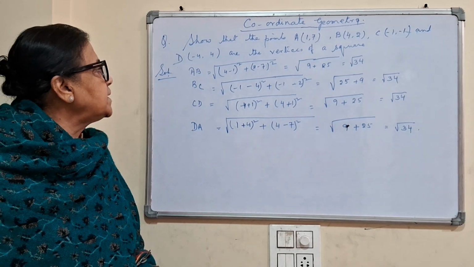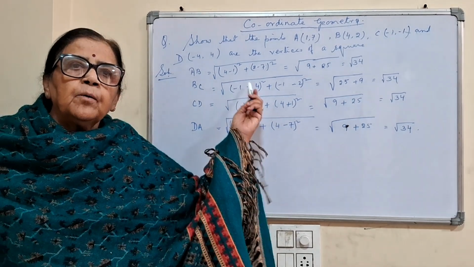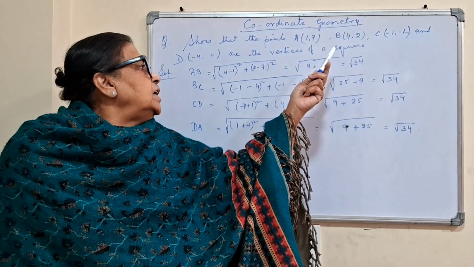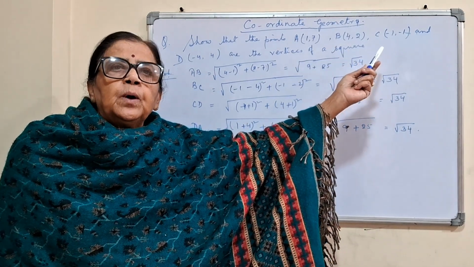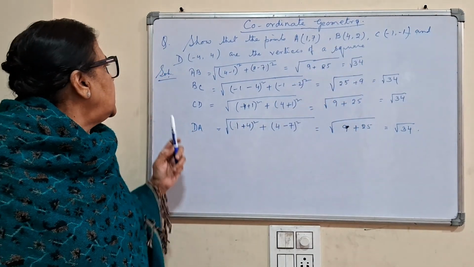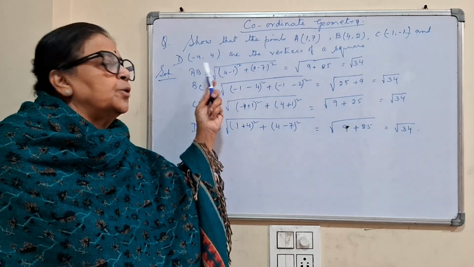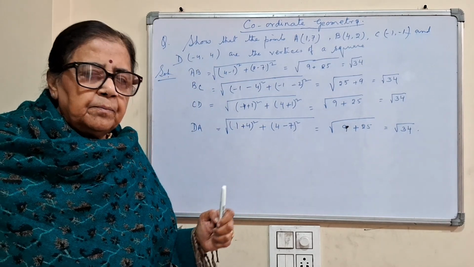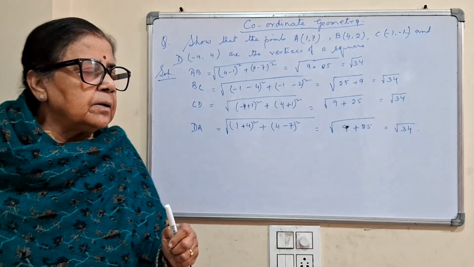Question: show that the points A (1, 7), B (4, 2), C (-1, -1) and D (-4, 4) are the vertices of a square.